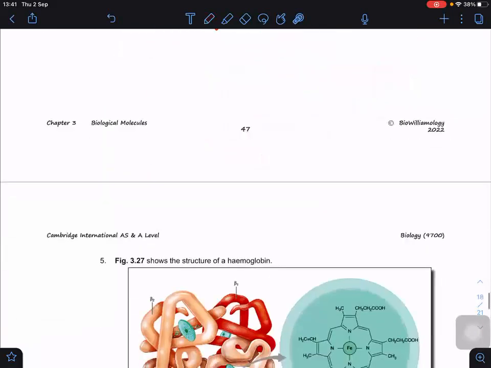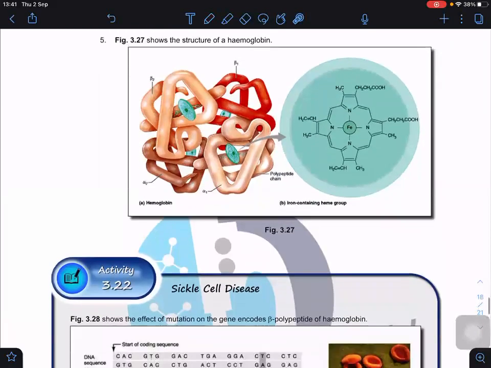Okay, so this is the structure of hemoglobin. You can see that we have beta 1 and beta 2, which are identical, and alpha 1 and alpha 2, which are also identical. Each of them has a heme group, and at the center of the heme group we have the iron ion. This ion can interconvert between Fe2+ and Fe3+.